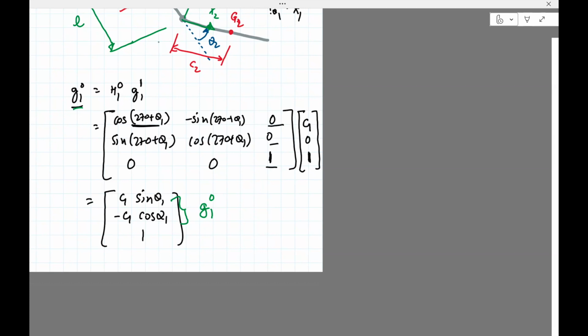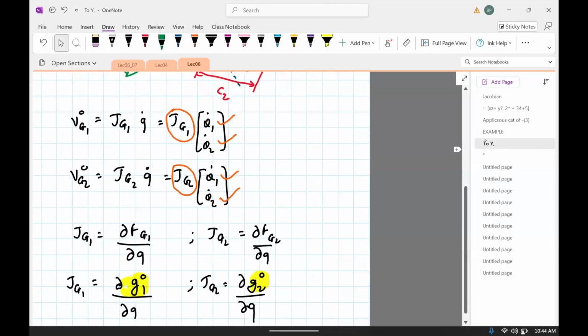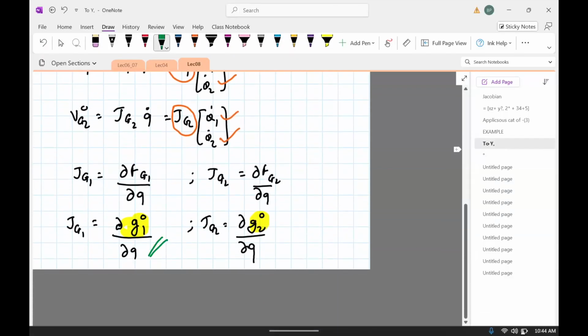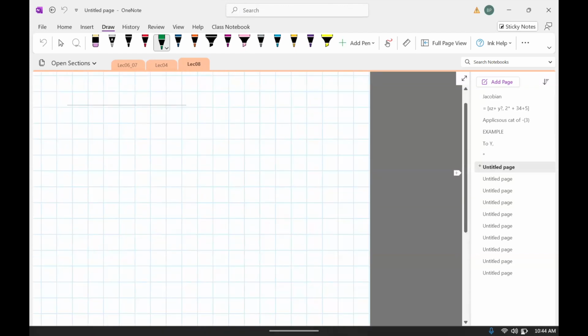The Jacobian, if you go back, is this. Let me write that down. Jacobian of G1 is dG1,0 over dq.